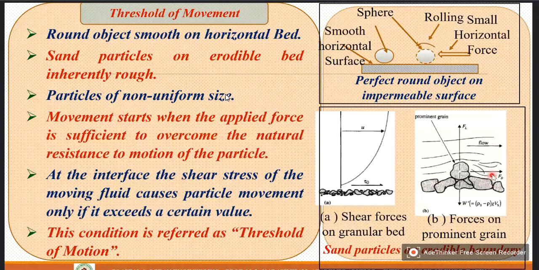Therefore, this will cause a suction at the top, and high pressure here, low pressure here. So there will be a lift force. So this you have seen. The same phenomenon will occur here also.